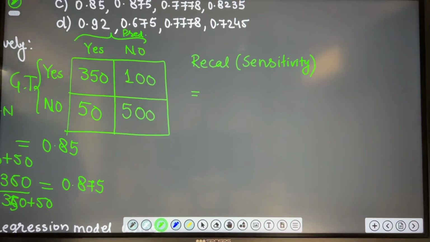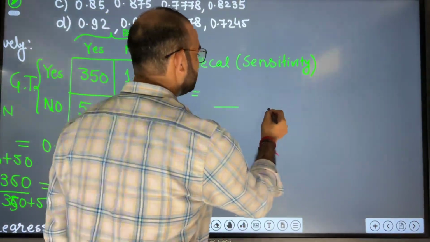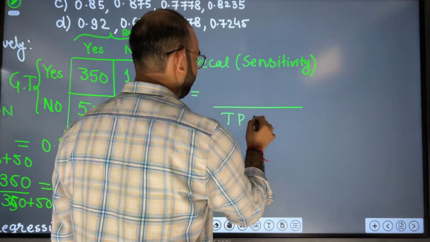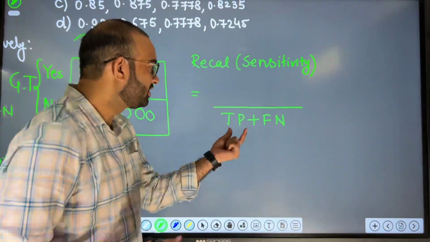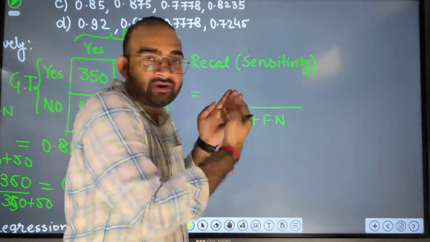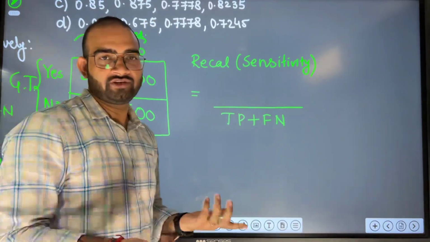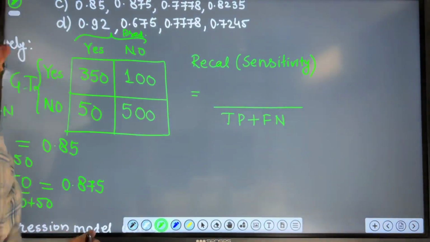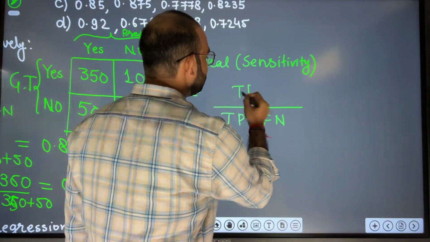So how can we define sensitivity? Sensitivity is actually about true positive and false negative. These false negatives are also actually positive, only the model has falsely predicted them as negative, and true positives are actually positive. So in that, how many are true positive? This will be your sensitivity.